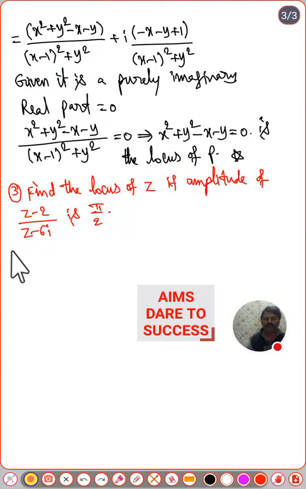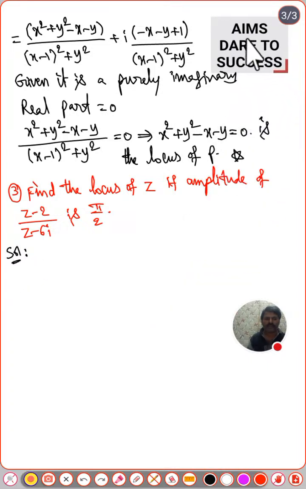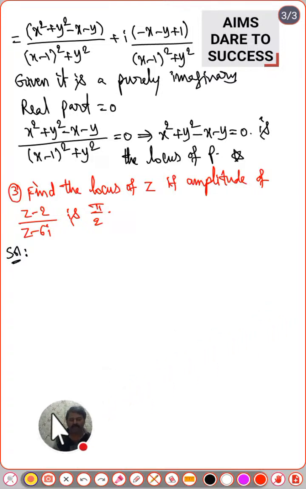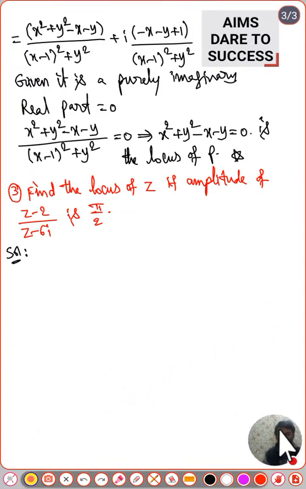The amplitude of (Z minus 2) by (Z minus 6i) is pi by 2, given. By using this concept, you can simplify the given problem. Okay.